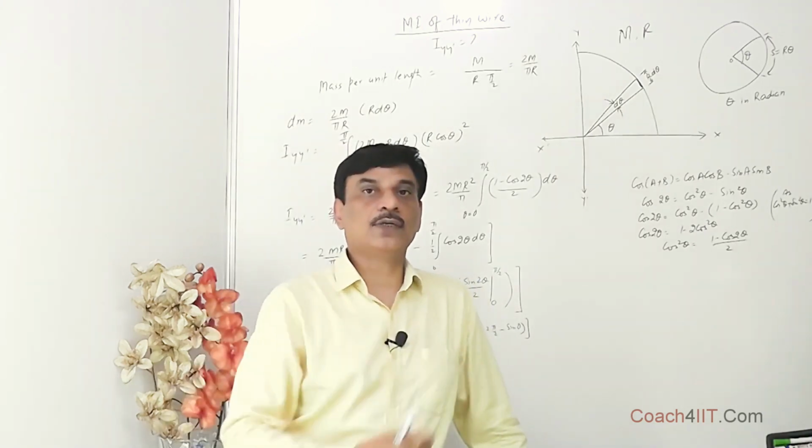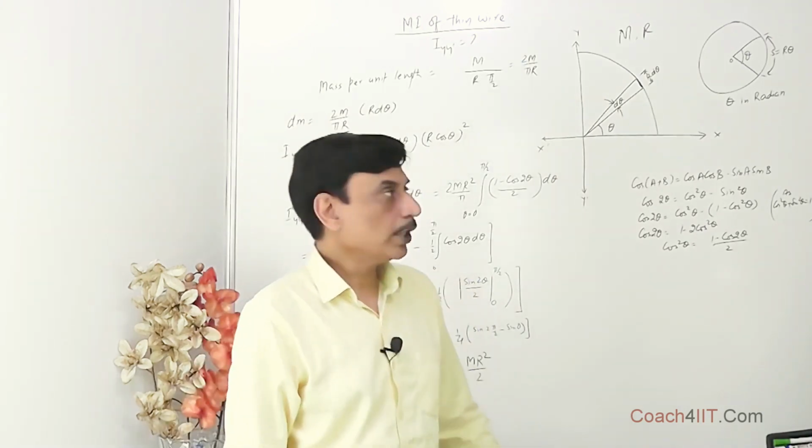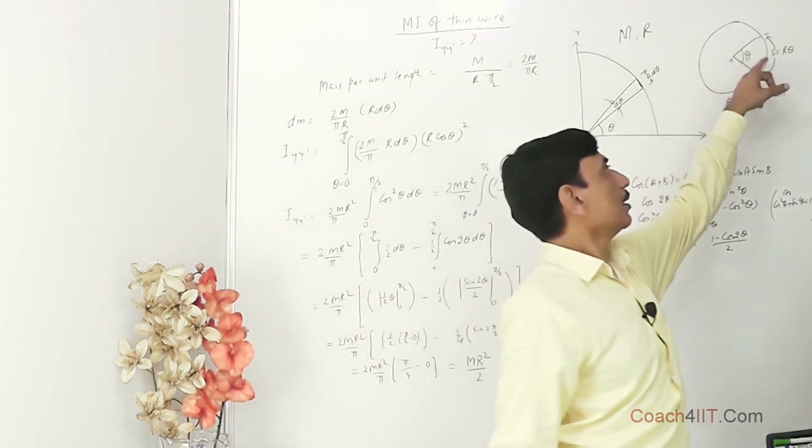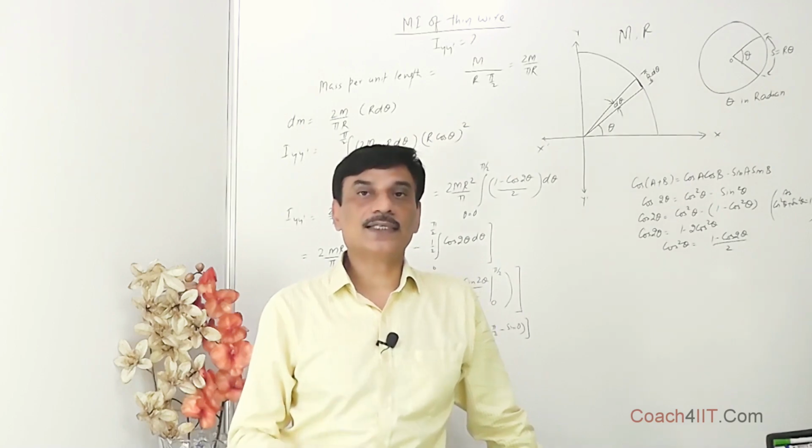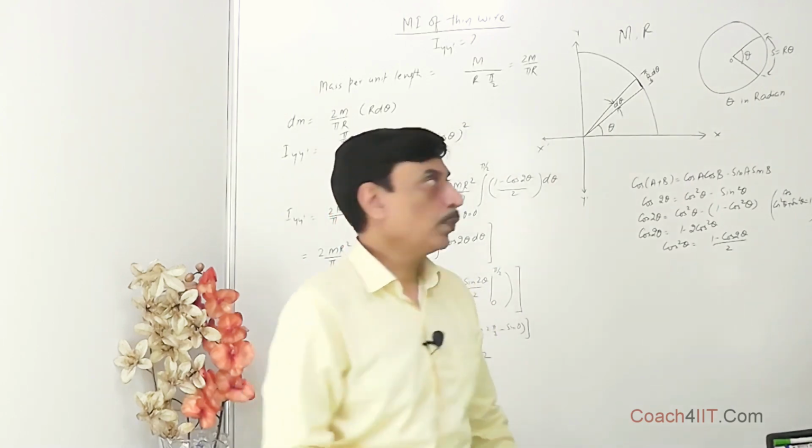Before finding the moment of inertia, we know that in a circle the arc length s is equal to r theta, where theta is necessarily in radians.